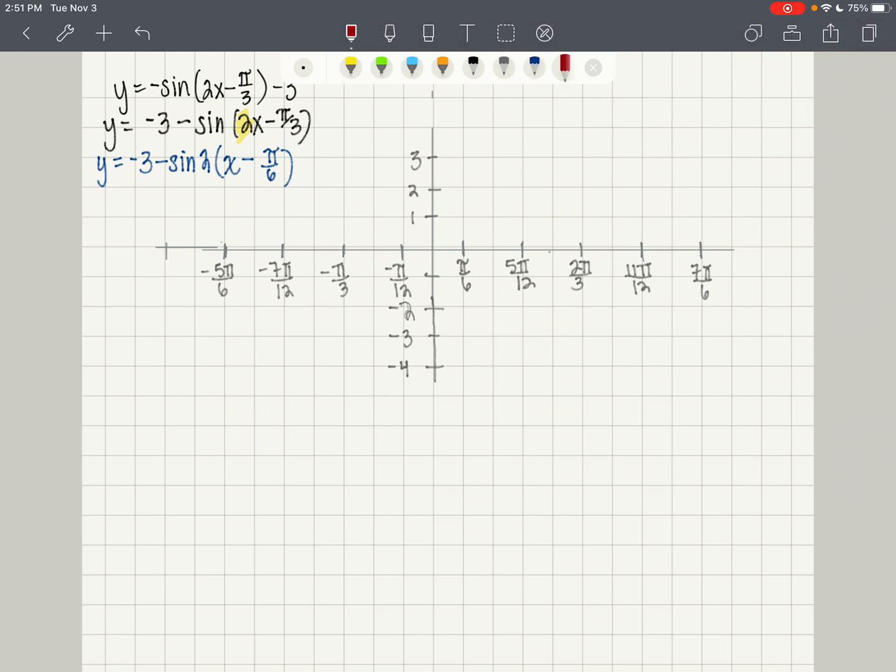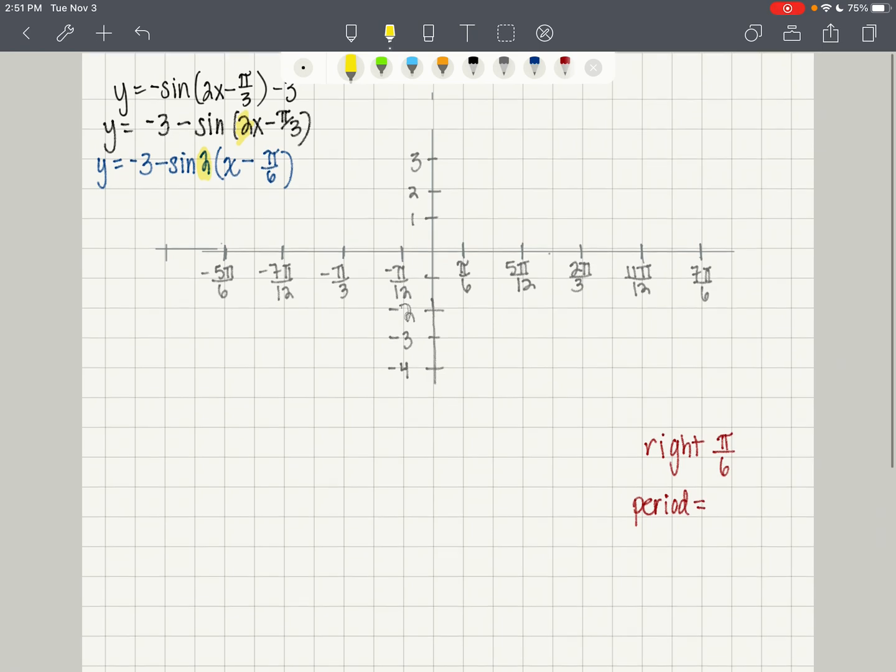So what we have happening here is we're going right pi over 6. The period is going to be impacted by the b value. So the period is going to be 2 pi divided by that b value of 2, which gives us a horizontal length of pi for each cycle, each full pattern.